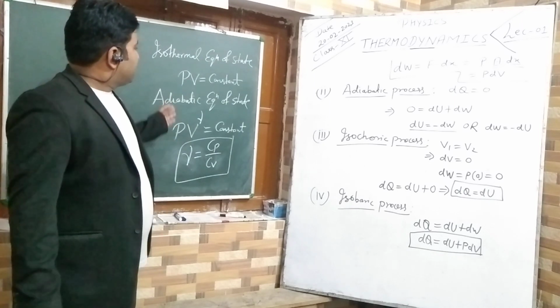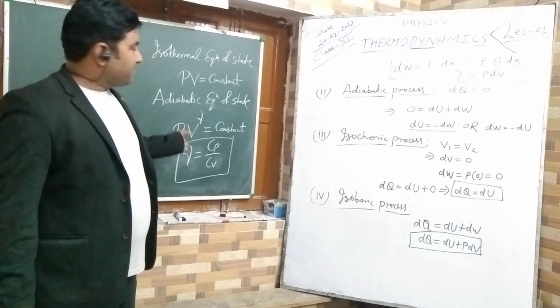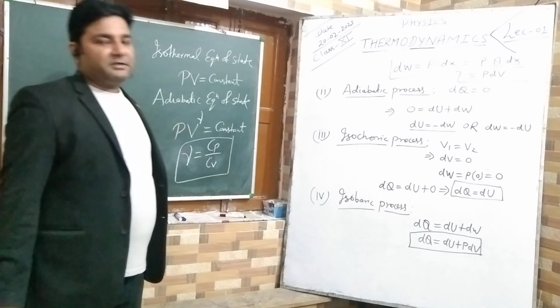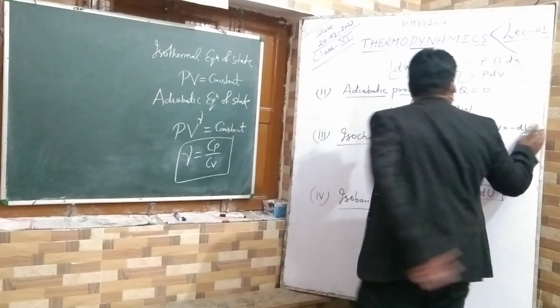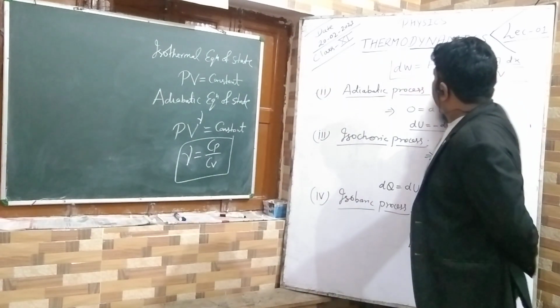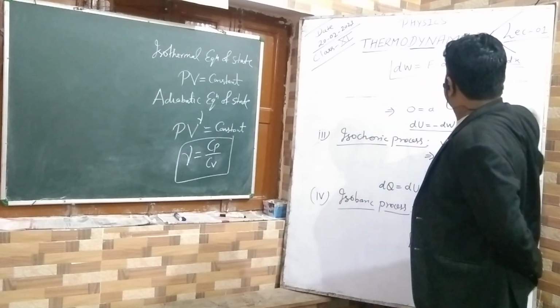I will say that with the concept of isothermal and adiabatic in terms of pressure, volume and temperature, you can find out the relation among any two or three with the help of gas equations. Clear? So just note down.